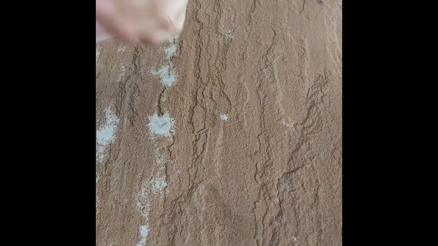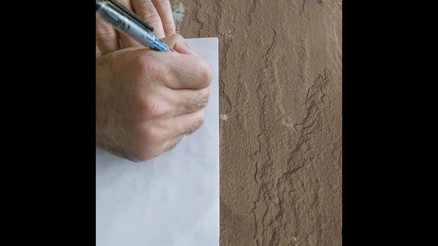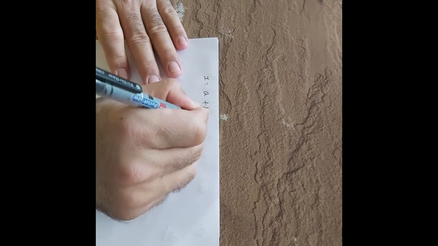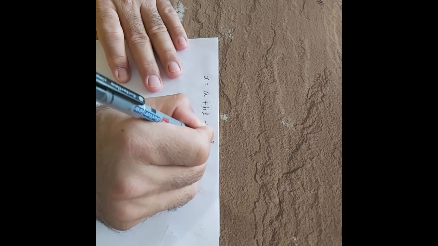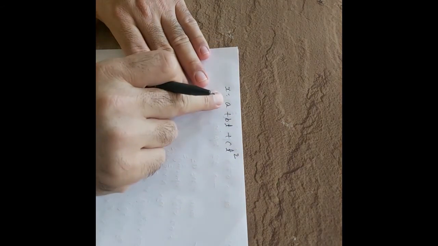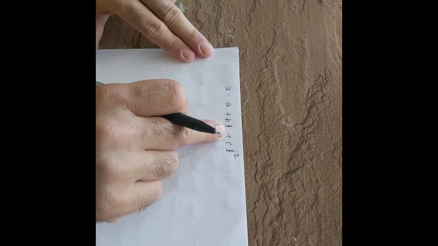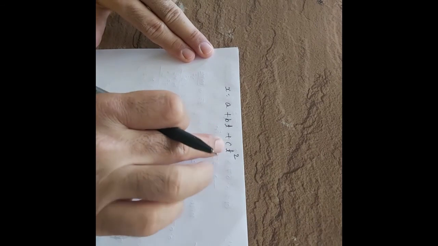Now my question is, x equals a plus bt plus ct square. What does this indicate? Now a is added to bt and bt is added to ct square. What does it mean?